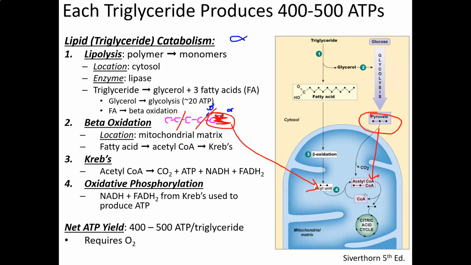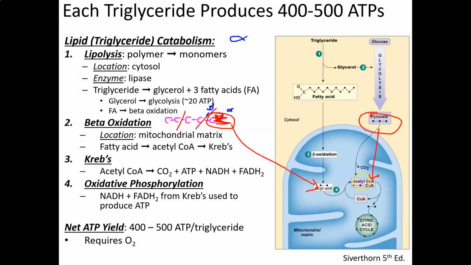In real life, most of our fatty acids are 16, 18, 20, 24, 26, all the way up to 32 carbons long that we can use to break down for fuel. So we can get a lot of energy from one fatty acid, and then we have 2 more in that triglyceride.